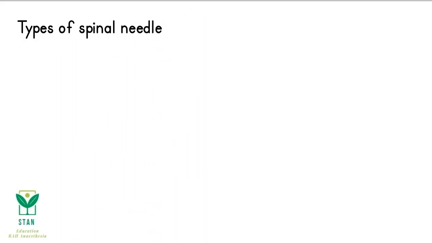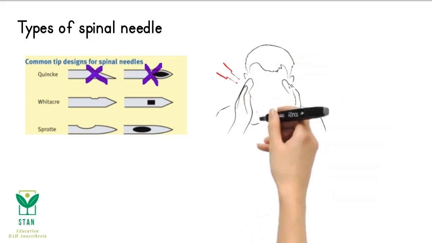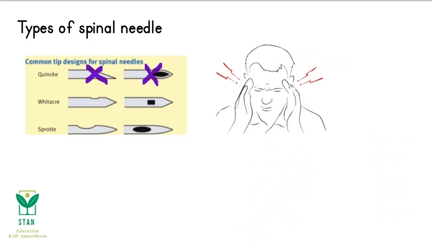Spinal anaesthesia and diagnostic dural puncture should only ever be performed with pencil point needles, like the Whitacre or the Sprotte needle. You should never use a cutting needle, like a Quincke needle, as the incidence of post-dural puncture headache is very high, about 20%, 1 in 5.